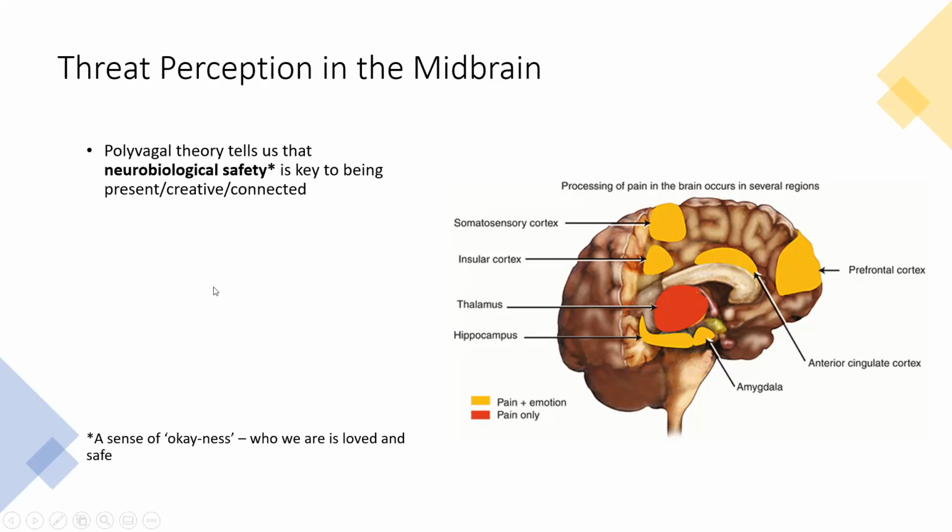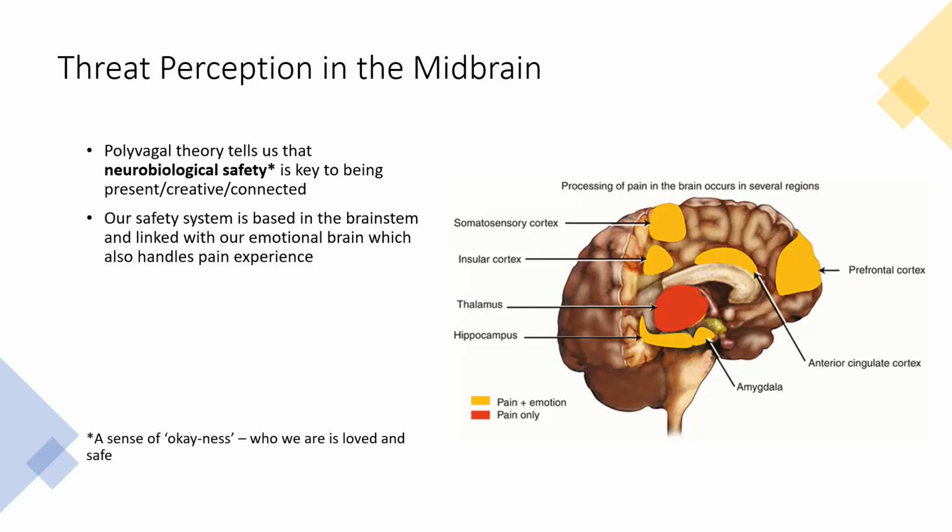And so, another way of thinking of neurobiological safety is a sense of okayness. Who we are is loved and safe. And our safety system is based in this sort of brainstem region here. It really links in with the perception of fear and threat.